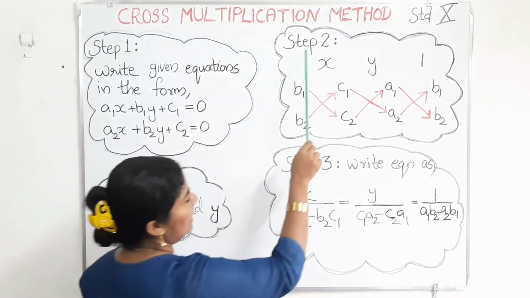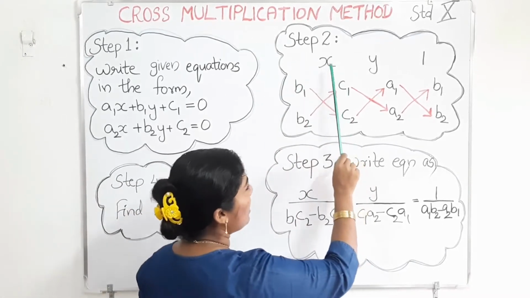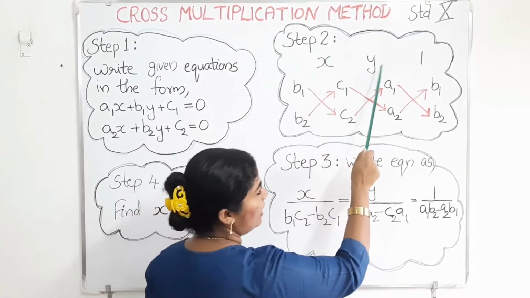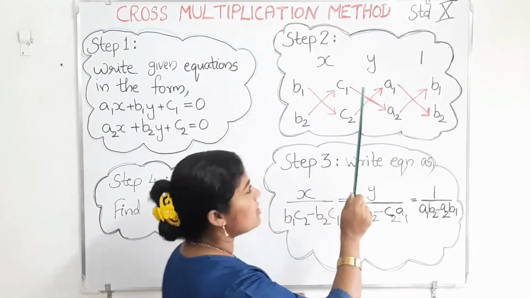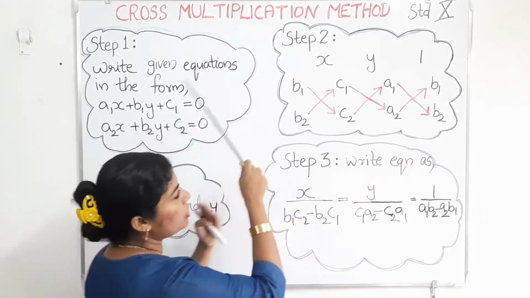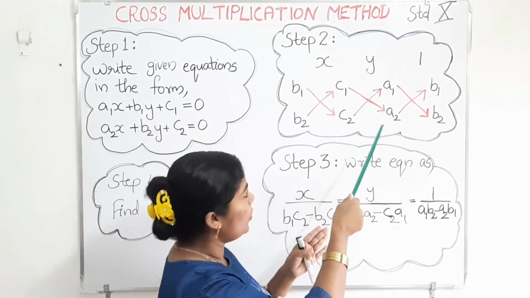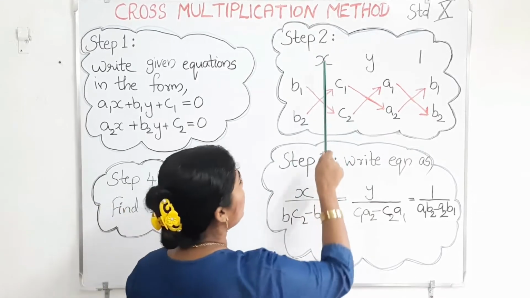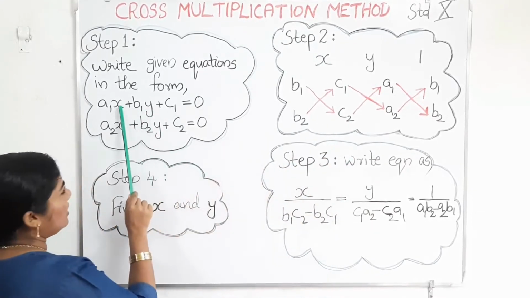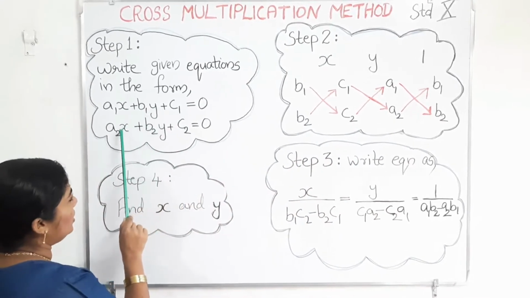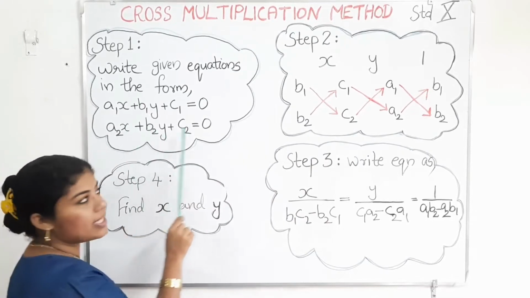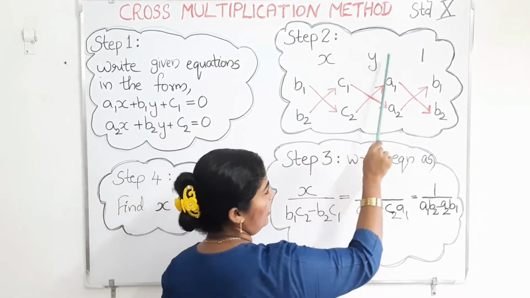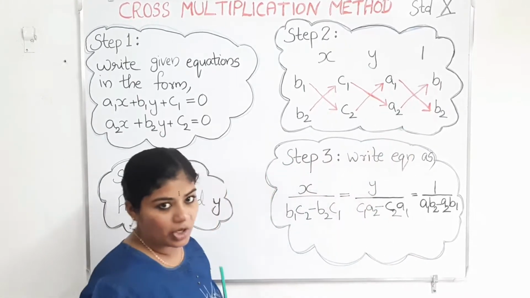On step 2 you can see I have written x, here y, here 1. From step 1 we are going to write step 2. x and y are the variables we are using here. Here also you can see x and y. That x and y I write here, and next just 1.